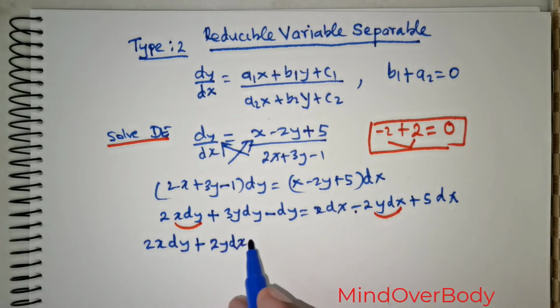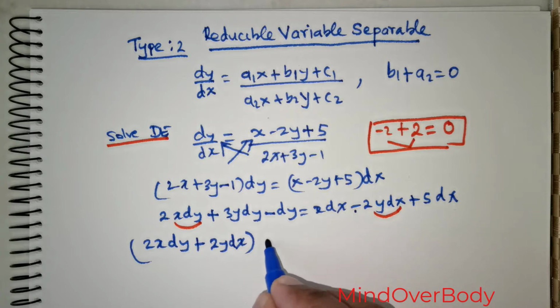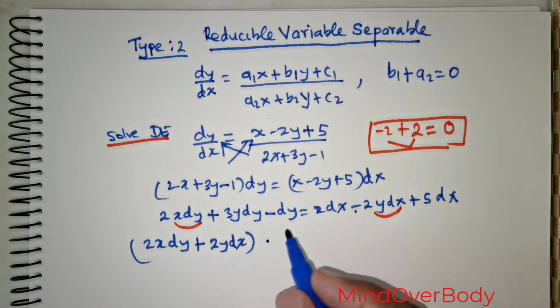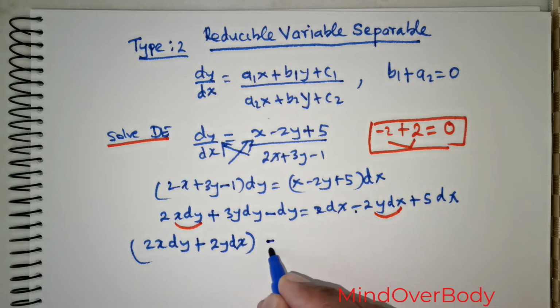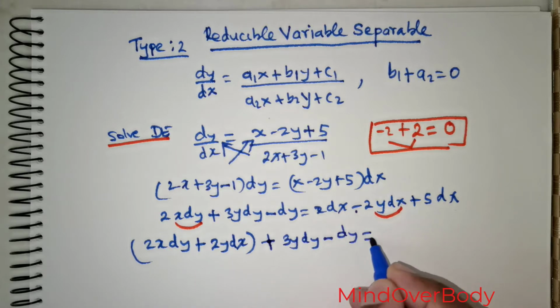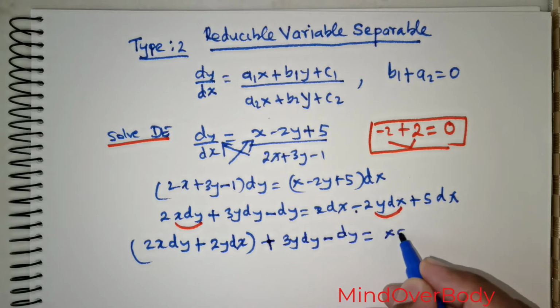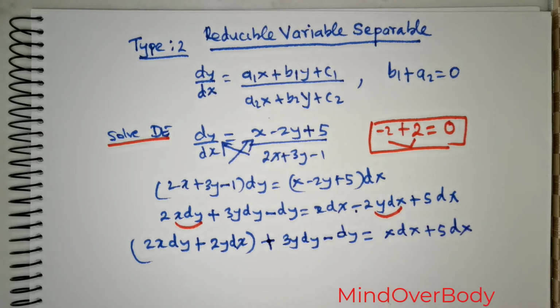So when this comes, it is going to become positive, and after that you can either move everything to the left or right, it's not going to matter. So I'm just going to rewrite as it is. So 3y dy - dy is equal to x dx + 5 dx. So this is what I've got.